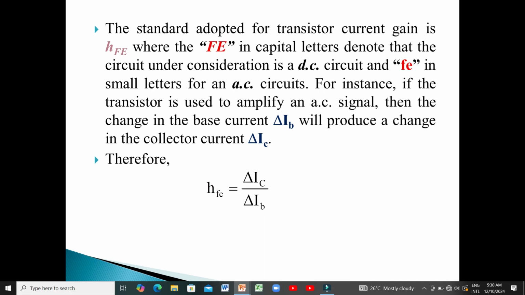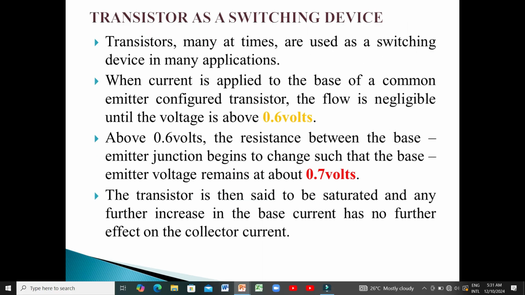For instance, if the transistor is used to amplify an AC signal, then the change in the base current, delta IB, will produce a change in the collector current, delta IC. Therefore, hfe will be equal to delta IC over delta IB.